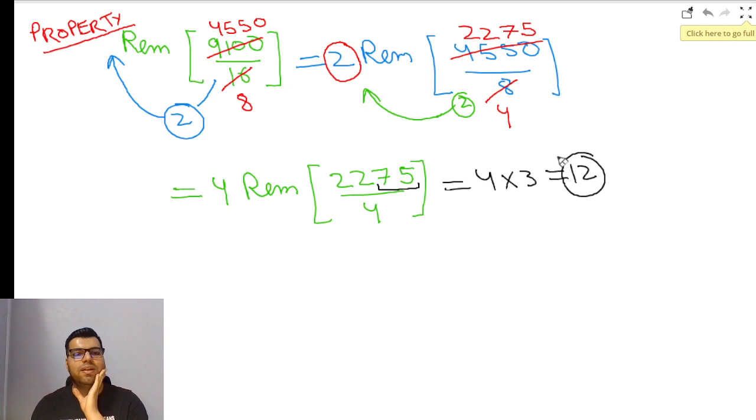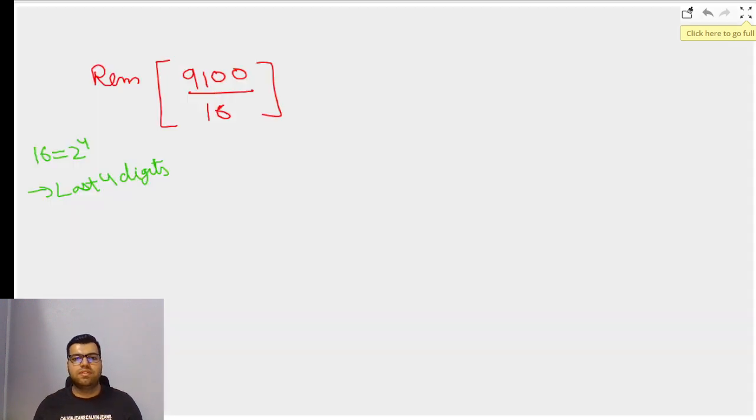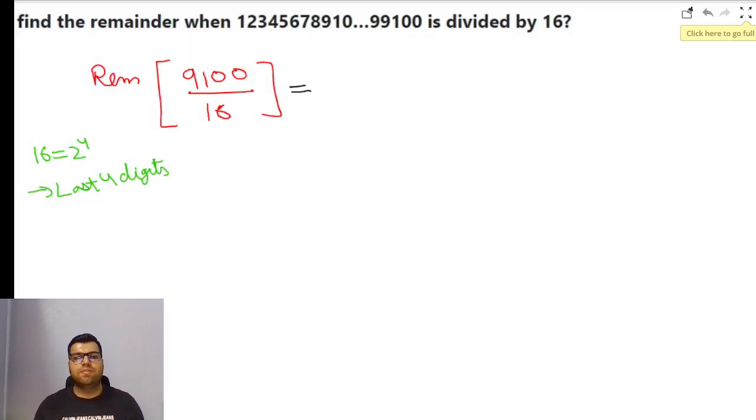The simple property is that whatever factor you divide both dividend and divisor by, that factor should come outside the REM function. You have to remember this. So the answer is 12.